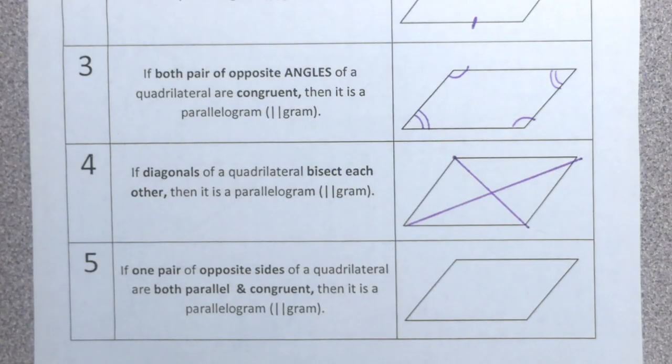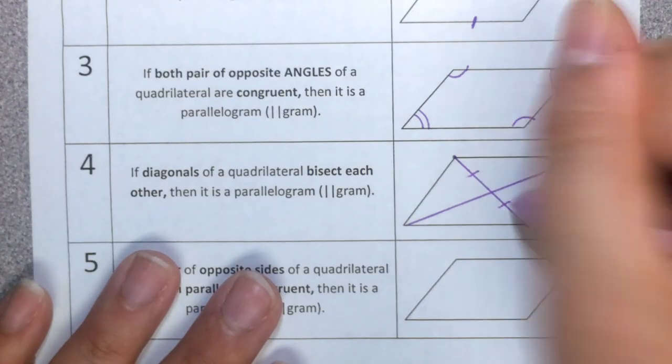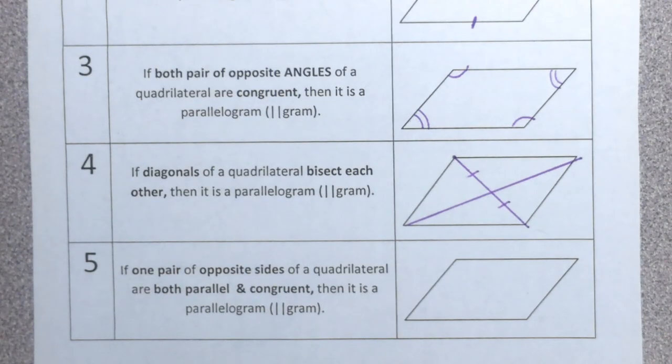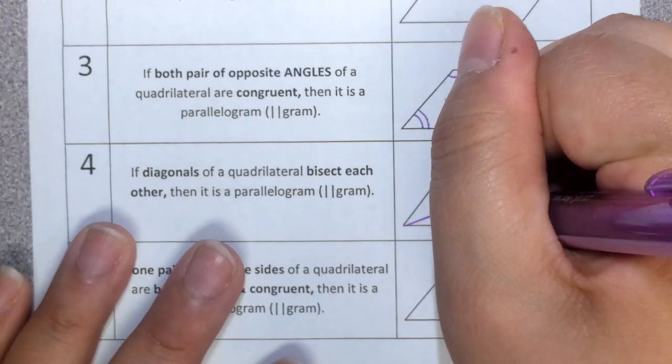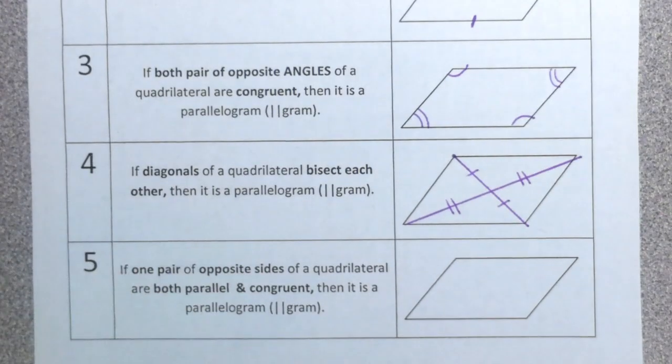Tick marks on the line. And they have to have the same number of tick marks on the line. So that line has 1 tick mark on each side. This line has to have 2 tick marks on each side. That tells me that diagonals bisect each other. Then it's a parallelogram.